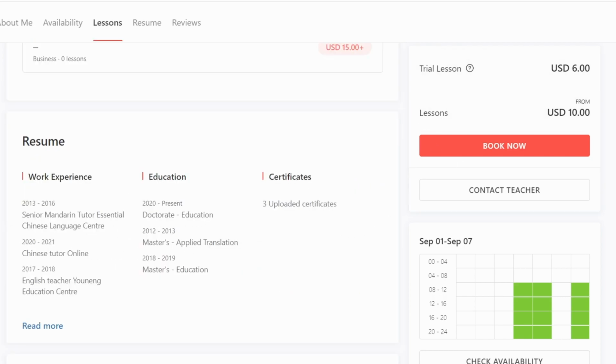Scan through their profile and see that they have extensive teaching experience. You would have to take lessons with several of these teachers to see that they actually have good teaching experience. Some of these teachers are willing to charge a lower price when they first come into Italki to get new students with them.